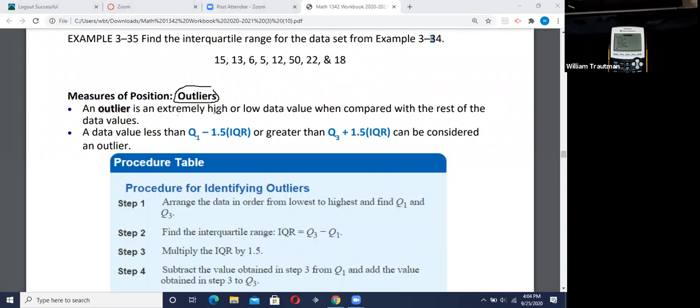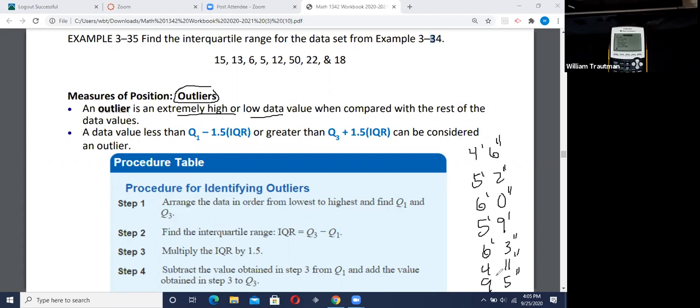Outliers are extremely high or low pieces of data that don't fit in. Let's say I was measuring people's heights at St. Philip's. There was somebody that was 4 foot 6 inches, 5 foot 2 inches, 6 foot 0 inches, 5 foot 9 inches, 6 foot 3 inches, 4 foot 11 inches, 9 foot 5 inches.